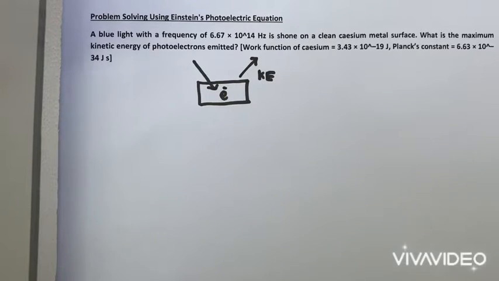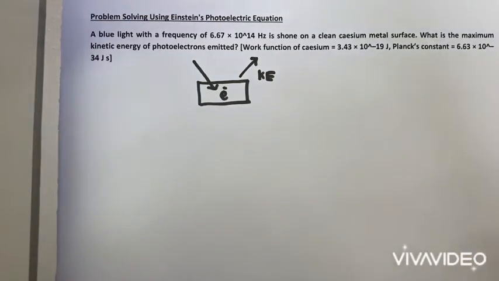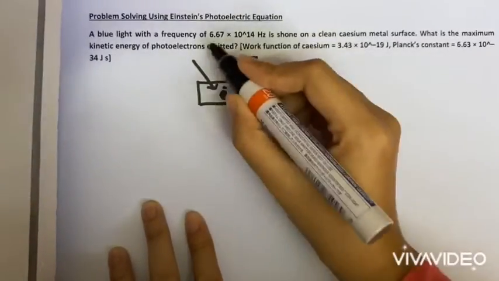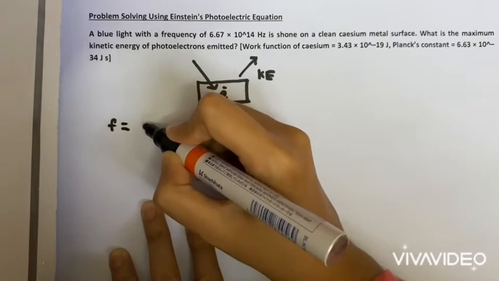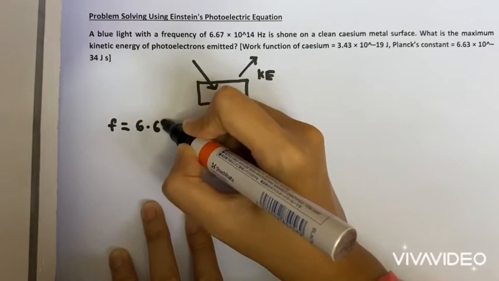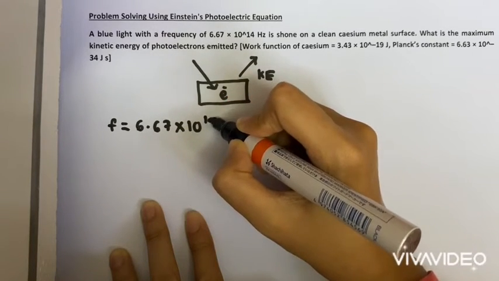Next, to answer this question, we must identify the problem. And next, we must identify the information given. The information given is F, so we write F equal to 6.67 times 10 power of 14 Hz.